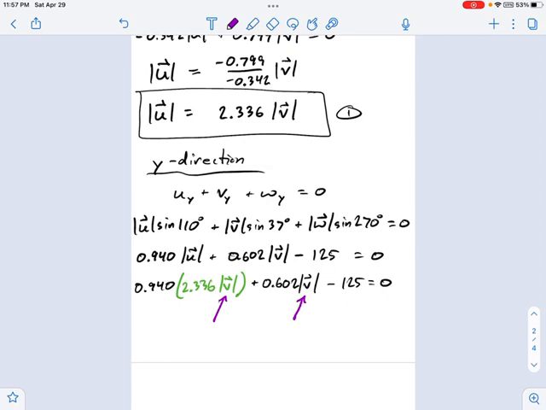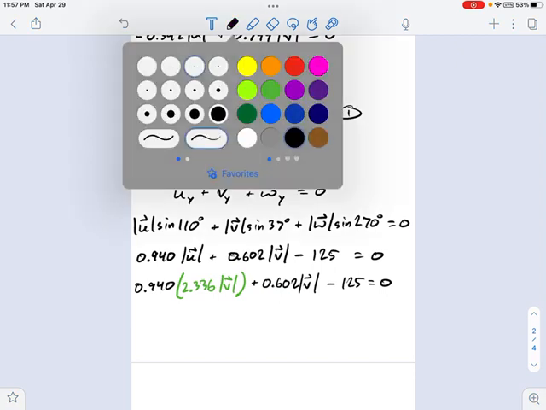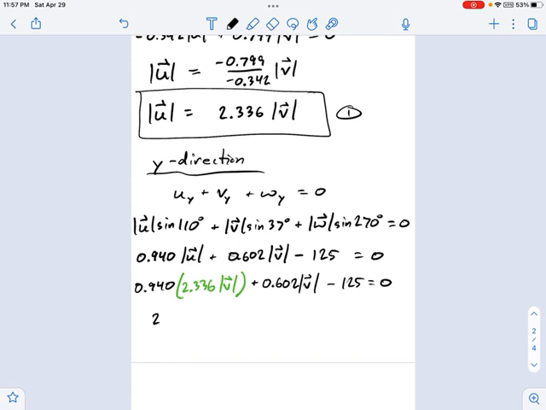Everything else is numbers. There's only one variable in this equation, so I'm going to combine like terms. First, I multiply the things on the left. I'm going to multiply those together, and then I'm going to add this one, and I'm going to get, let's see, what do we get? I'm skipping some of the math here. I'm assuming you can do some basic algebra. 2.798 magnitude of v equals 125.